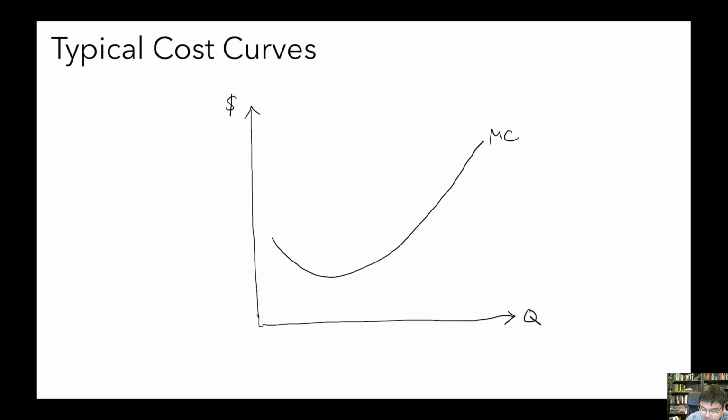The marginal cost curve, which is going to look something like this. Average total cost curve, which is going to look something like this. And then average variable cost curve, which is going to look something like this. Okay, and so what I've drawn here is a fairly typical example of a cost curve for a typical firm, as we already saw with our earlier example.